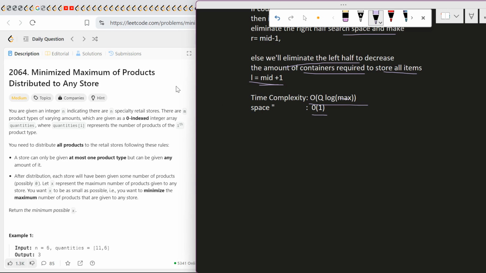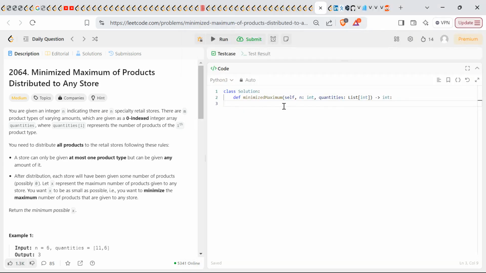So let's code up the solution now. This would be the helper function to check if this number of containers is even possible for us.